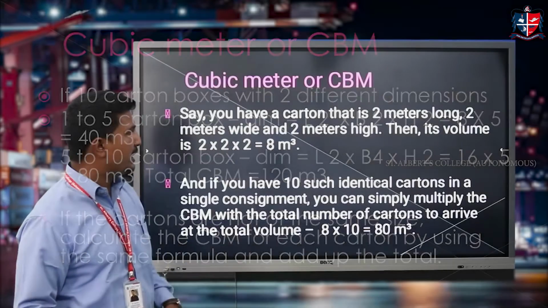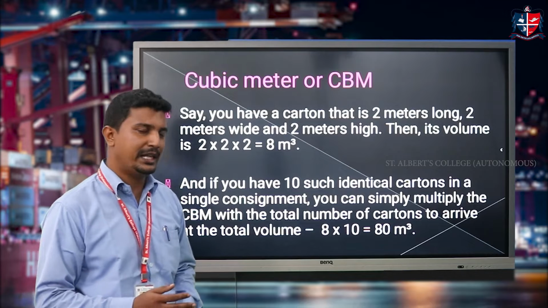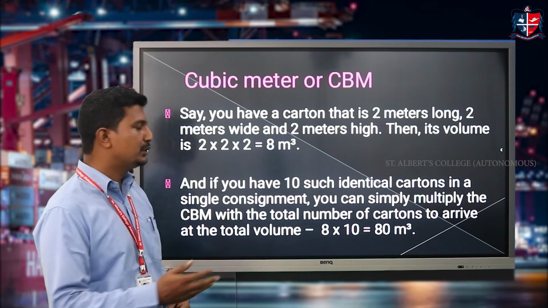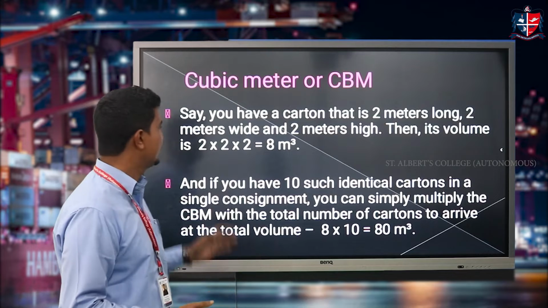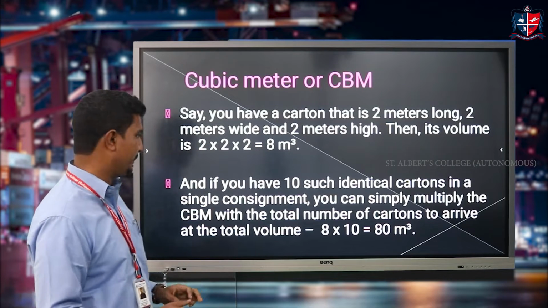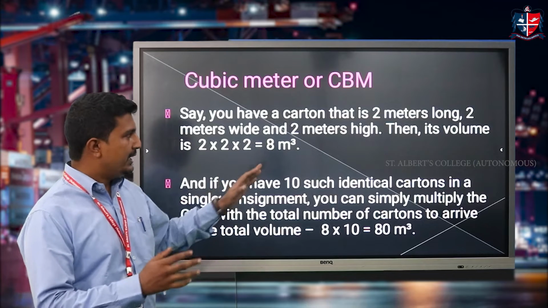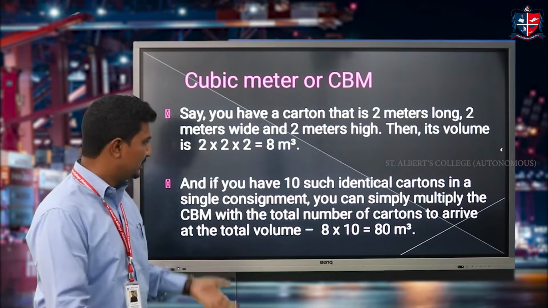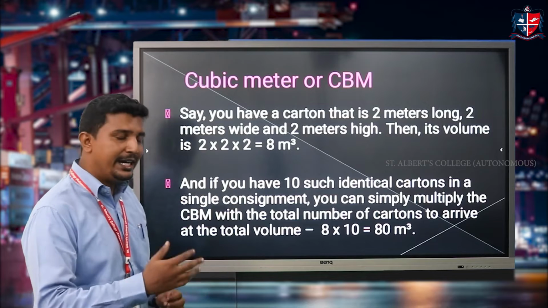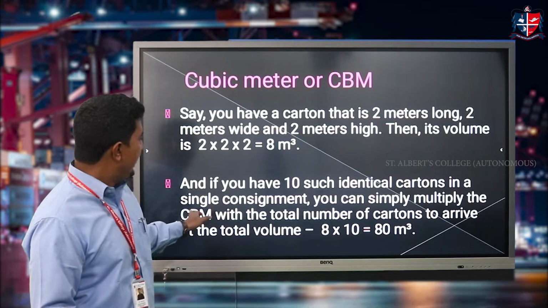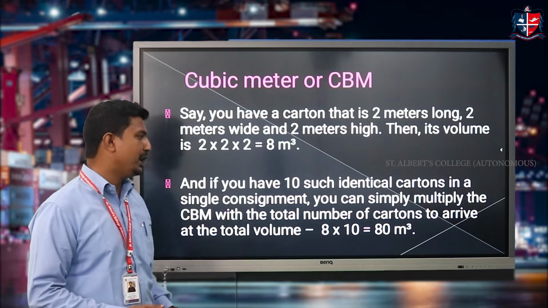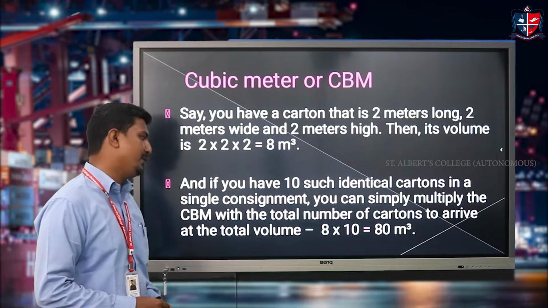Say you have a carton box that is 2 meters in length, 2 meters in breadth, and 2 meters in height. The volume of that box is 2 into 2 into 2, LBH, which equals 8 cubic meters. That is an example of one carton box. If you take 10 such identical carton boxes in a single consignment, you can simply multiply the CBM by the total number of boxes to arrive at the total volume.